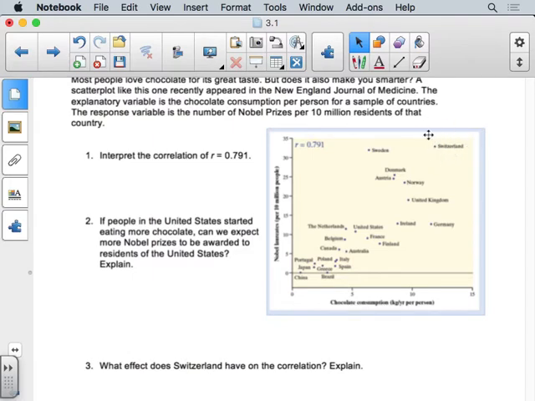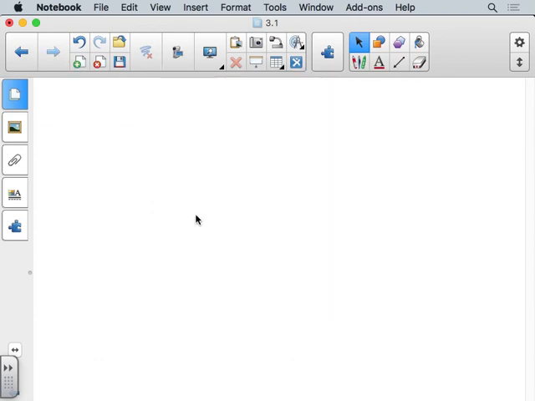Would this be hurting my positive correlation, or strengthening it? Yeah, it's in our pattern, so this is actually strengthening our correlation. But this one over here, which is Sweden, is actually hurting our correlation. Or Germany. They eat lots of chocolate, but they don't get any of those rewards, so they're hurting it. So if it's in the pattern, it's helping it. All right.